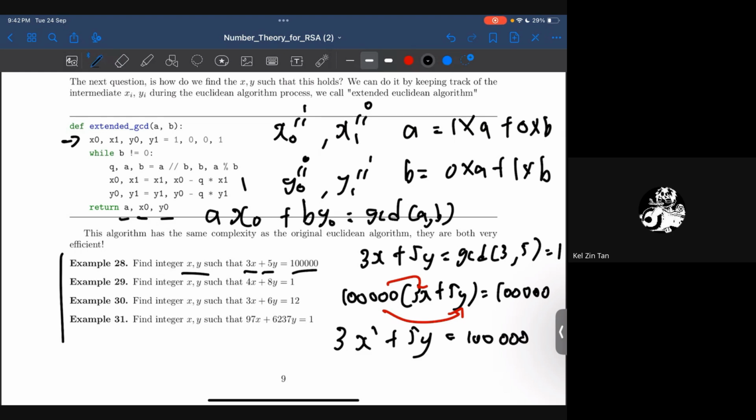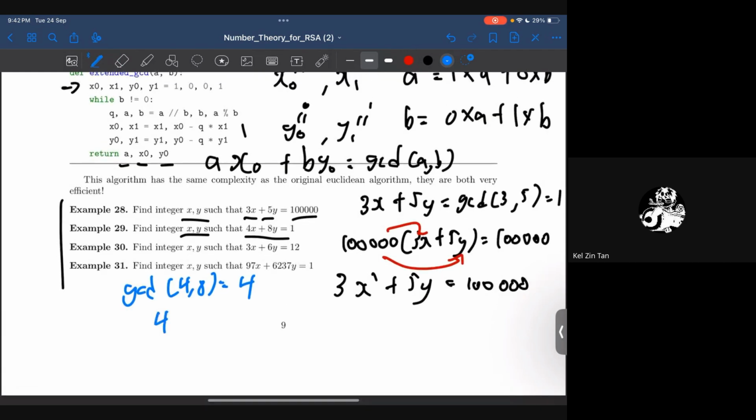So the next question: can we find x and y such that 4x plus 8y is equal to 1? You see that it might not be possible. We know that the GCD of 4 and 8 is equal to 4, and we know that there exist x and y such that this is true.